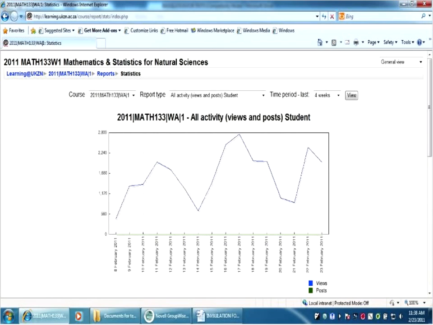The next slide deals with reports. And under reports, I clicked on statistics, and I was able to view the activities for the past 4 weeks at that particular time. You'll notice that at the beginning of the semester, it seems less than 500 students use the website.